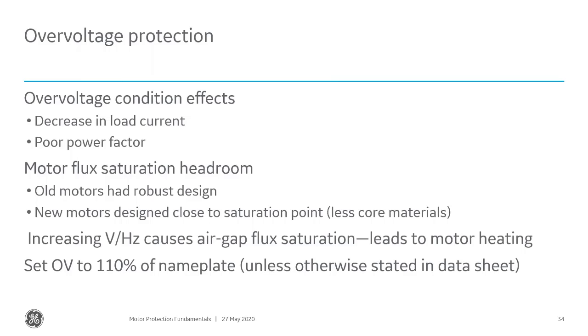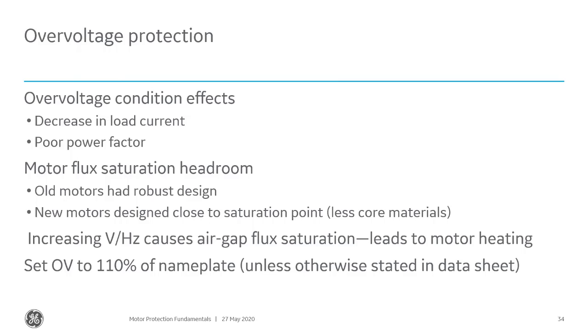Now, most of these things that damage for overvoltage like this, especially the overexcitation, they will cause damage by heat, and it takes a while for heat to start causing problems, or for that heat to be generated. So typically, the overvoltage protection can be set with a fairly long time delay. And you want to set this with a fairly long time delay so that you don't misoperate for just abnormal system conditions, right?